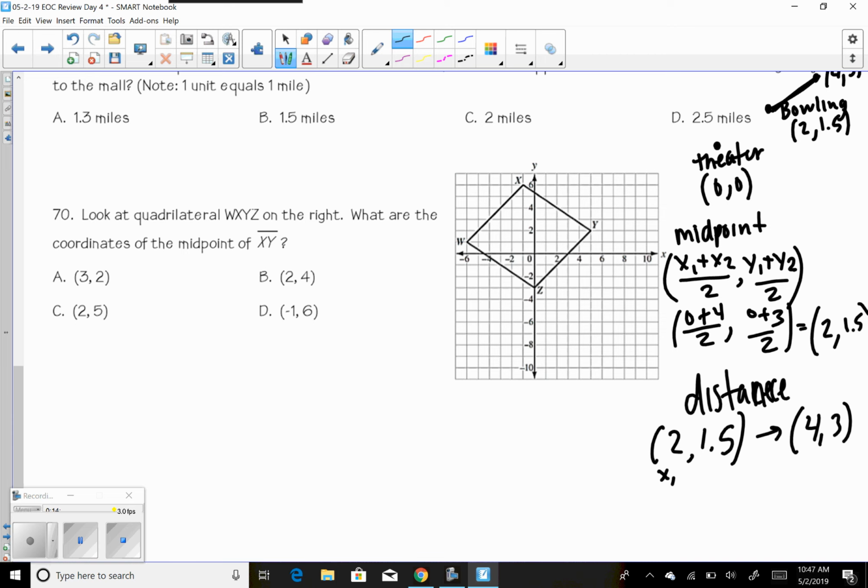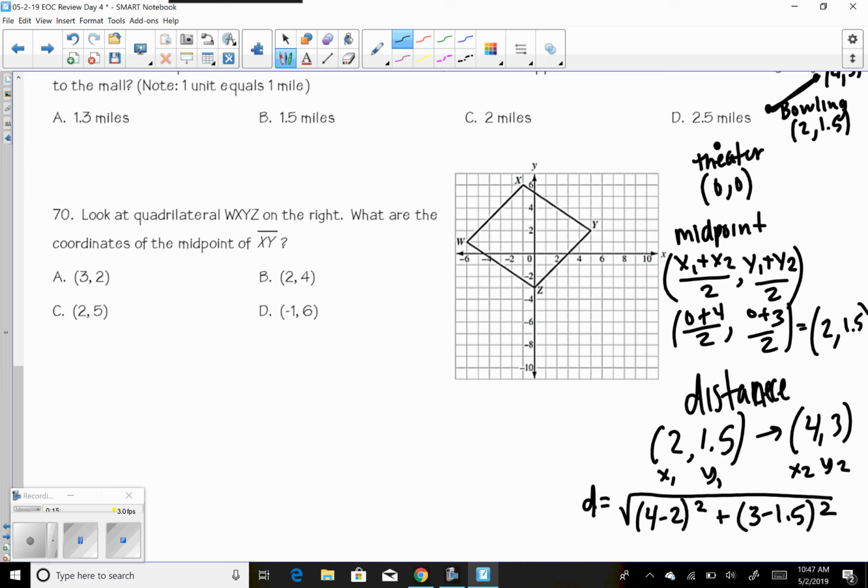Okay, x1, y1, x2, y2. So I'm looking at the square root of x2 minus x1, 4 minus 2, squared, plus y2 minus y1, 3 minus 1.5, squared.